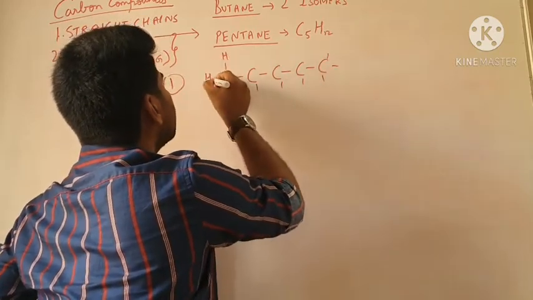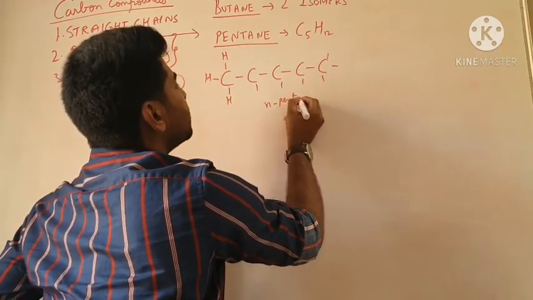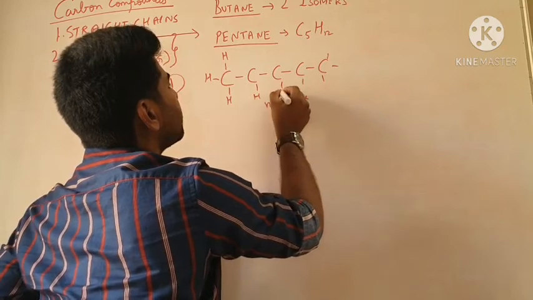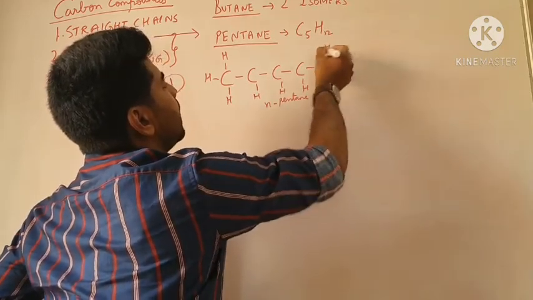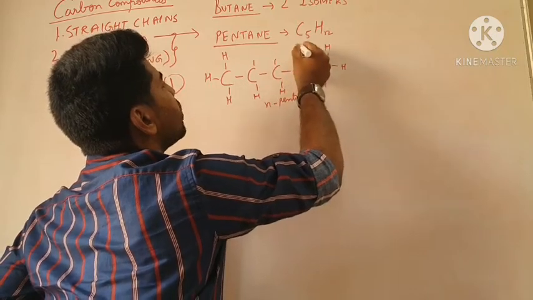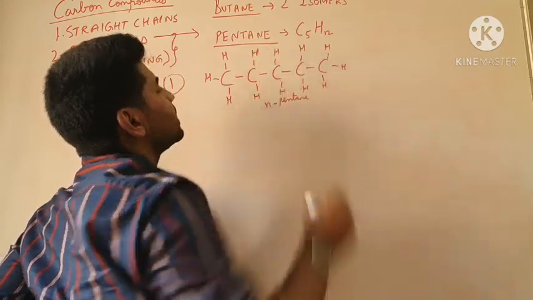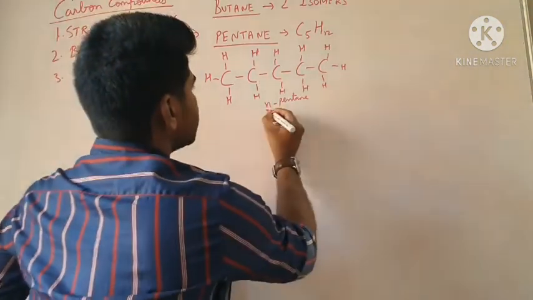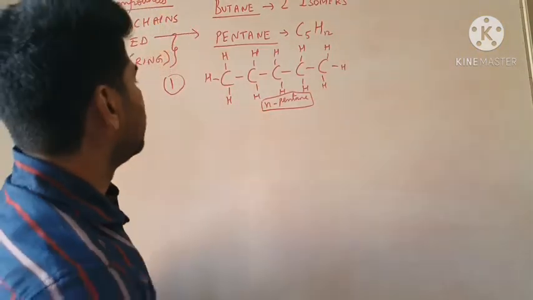So, this would be the normal pentane called N-pentane. Count the number of hydrogen atoms and also always check the valency of carbon to make sure that the structure is right. This is one structure we can write for pentane.